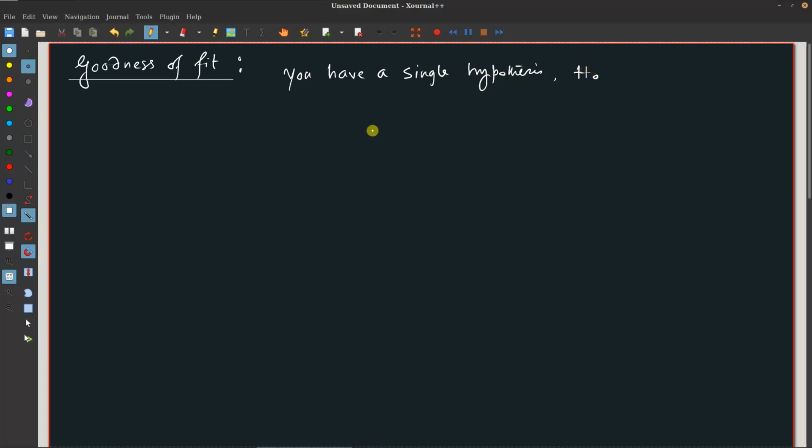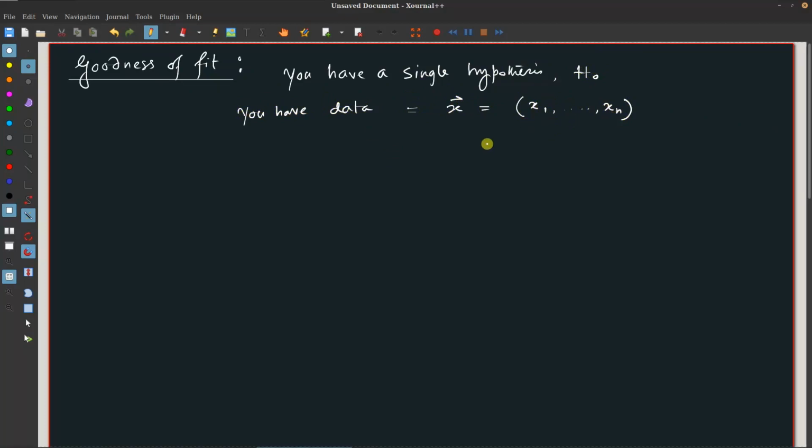And you have data. This data I use as the x vector, which is essentially an n-dimensional column vector or row vector.